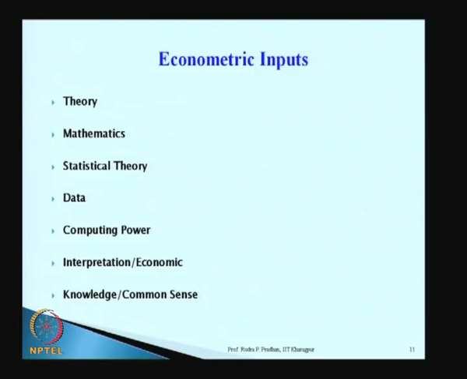Theory is the most important, then mathematical knowledge, you must have sound mathematical knowledge, sound statistical knowledge, then you must have information. Theory and problem will be given to you, but sometimes information will not be given. So, you have to generate information; sometimes it may be readily available and you bring it, or it is not readily available and you have to create it, either where it is possible to create, or sometimes even artificial creation, like there is a technique called dummy variable modeling. We will get to know it when we enter that particular problem.